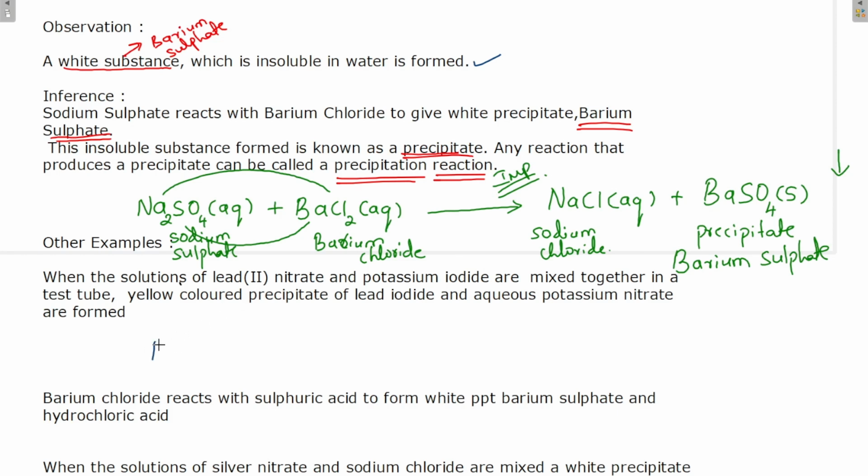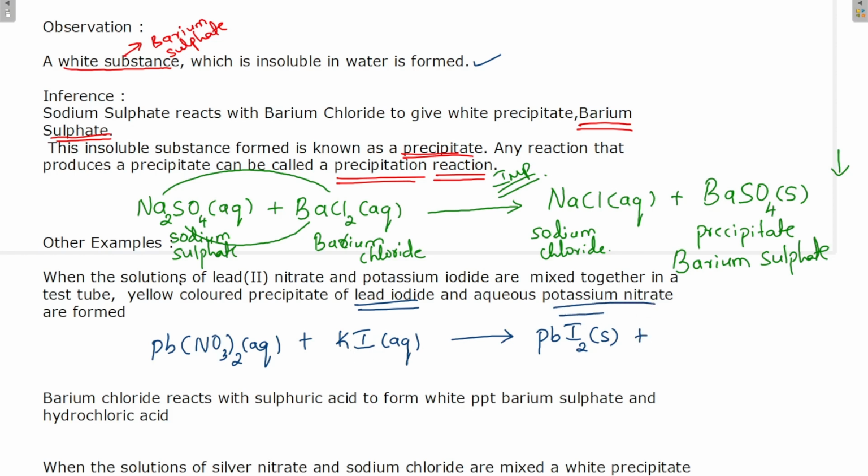Lead nitrate has the formula Pb(NO3)2, which reacts with potassium iodide. There is a formation of yellow colored precipitate of lead iodide, that is PbI2. It is a precipitate, so we will represent it with solid state. And also there is formation of potassium nitrate, KNO3. This is the equation for this reaction.